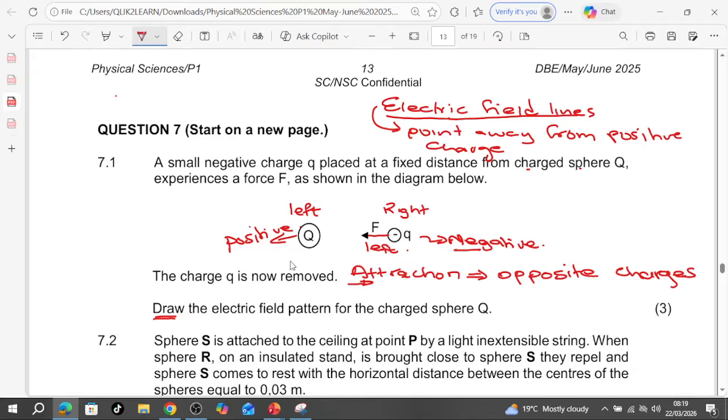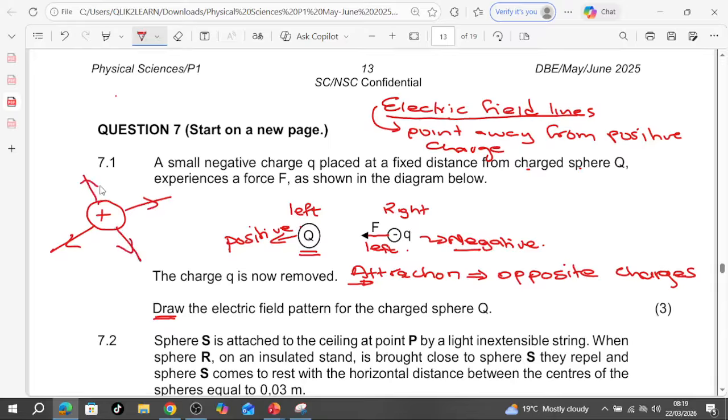So look at this. Q is positive. So if this is my Q, which is positive, the electric field lines will point away from Q. They'll point away.